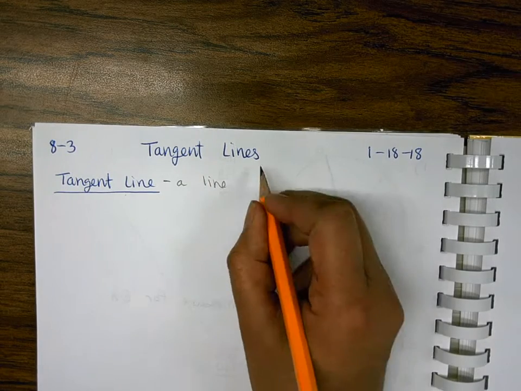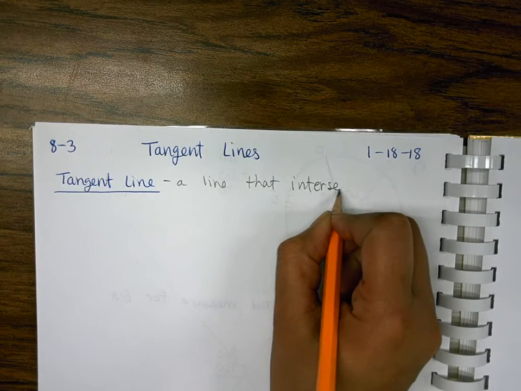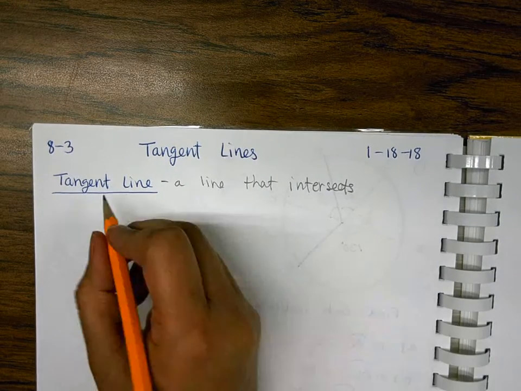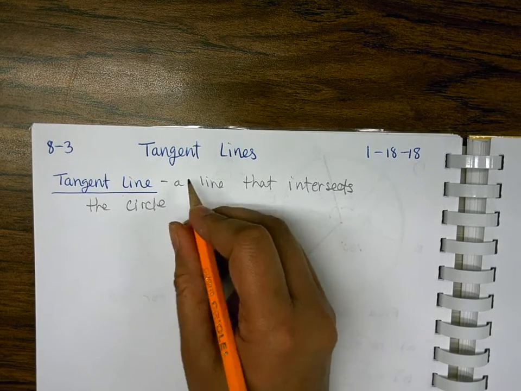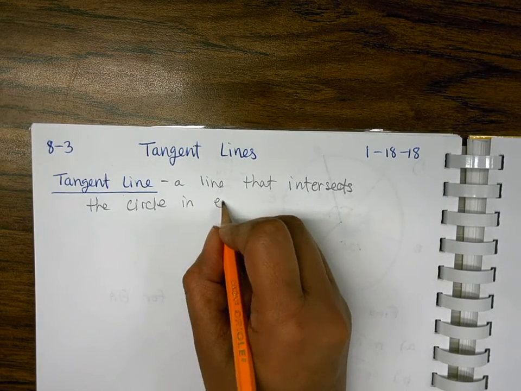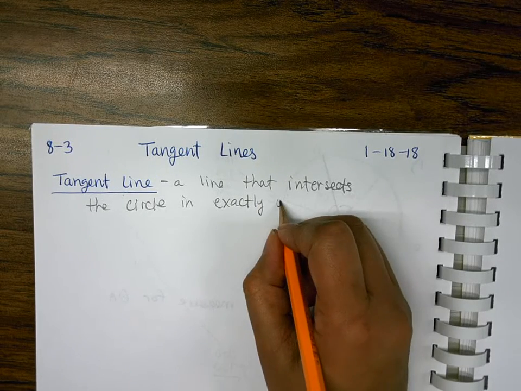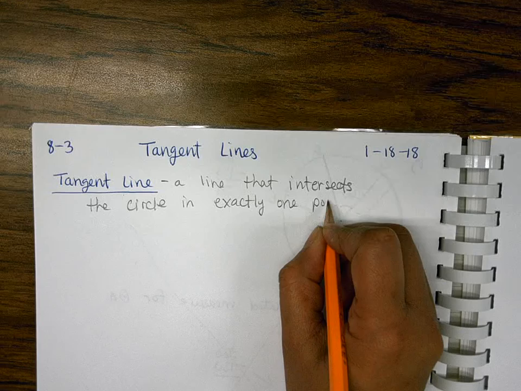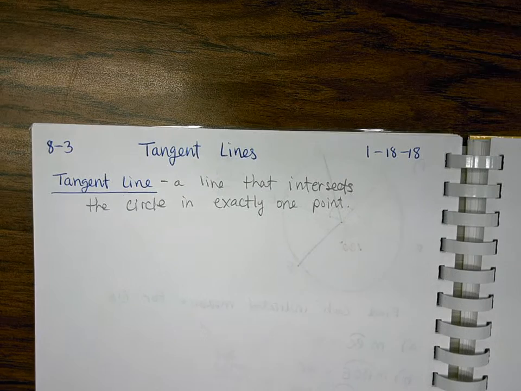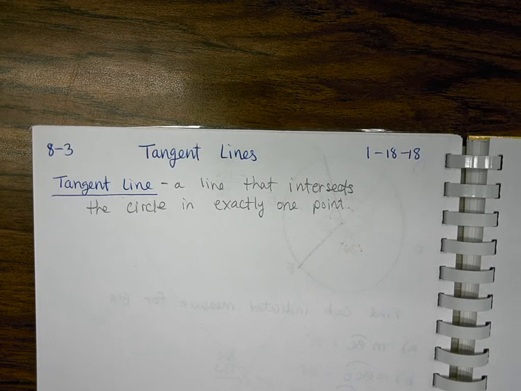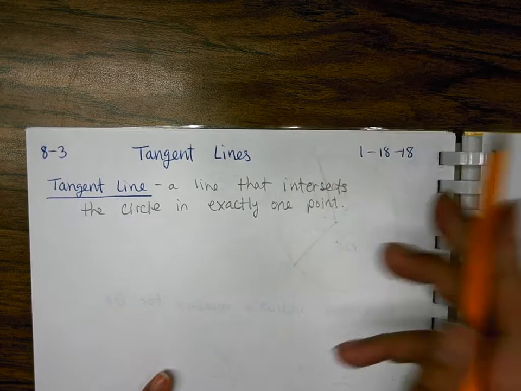It is a line that intersects the circle in exactly one point. All right, what does that mean? A tangent line is a line that intersects the circle in exactly one point.